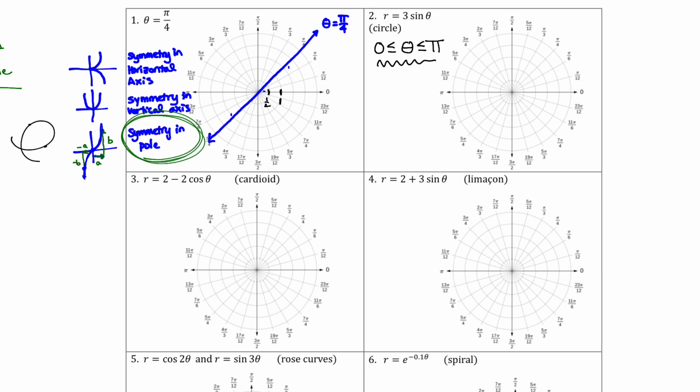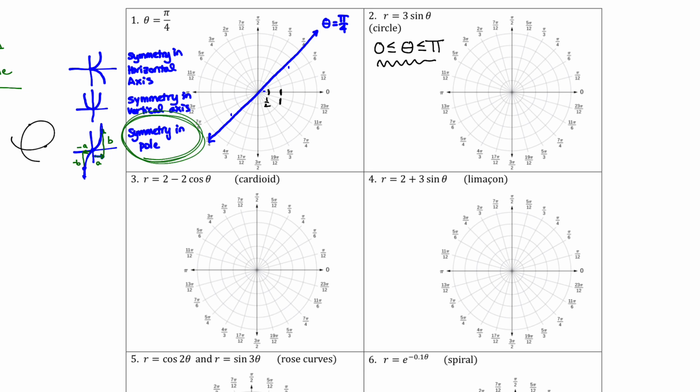I bet you any money from pi to 2 pi, I also go once around the curve. I bet you any money from 0 to 3 pi, I go twice around. You see what I'm saying, guys? So when it puts there 0 to pi, it tells me how long it takes to get once around the curve. If I have A, I can put a slider and I can check it.